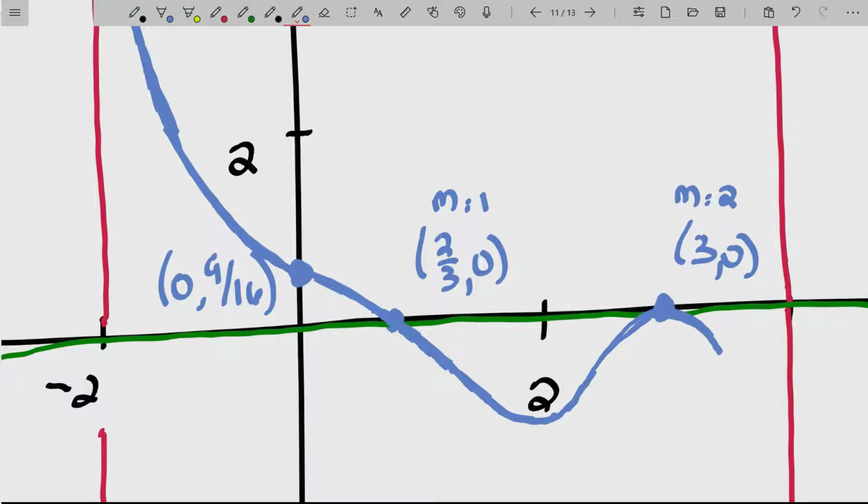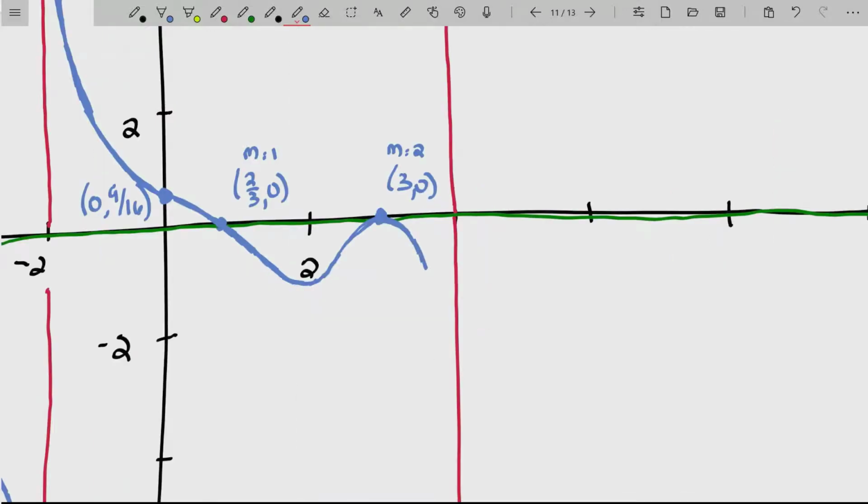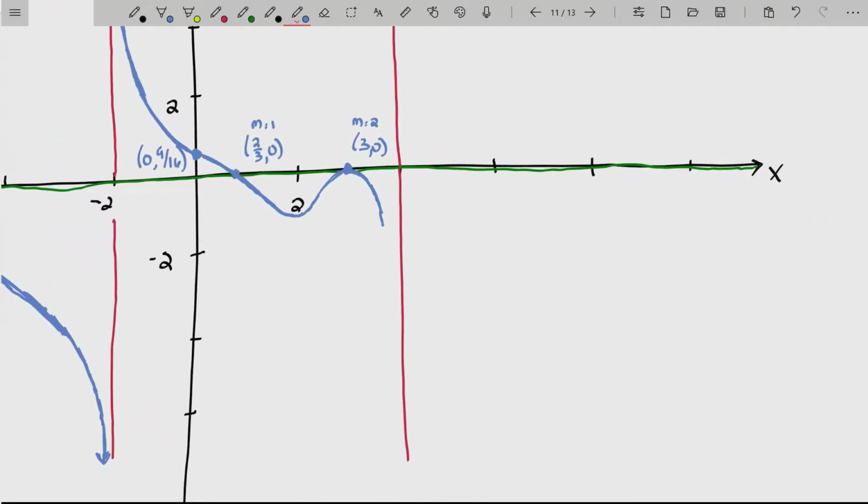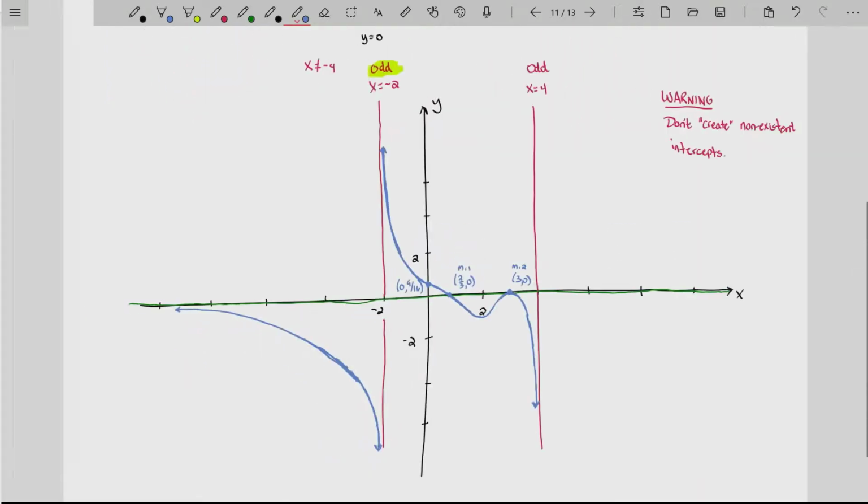It still looks like a parabola. And because there's no way for it to go back up, because you would create an intercept, it's now going to forever go down. Now let's take a look at the multiplicity of that vertical asymptote. That vertical asymptote has odd multiplicity. Therefore, if the function is going down on one side, it's going up on the other.